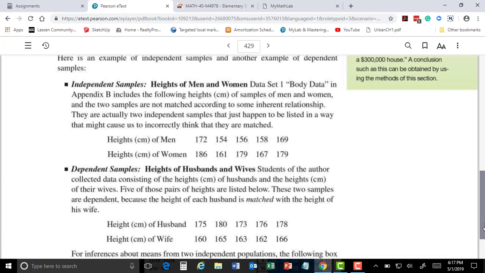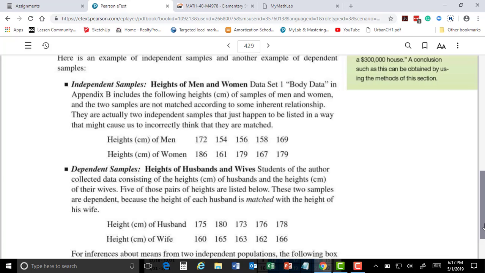They're actually two independent samples that happen to be listed in a way that might cause us to incorrectly think they are matched. So these are two independent groups, and these are the heights in centimeters. This one's pretty tall, 186. Actually, a bunch of short dudes. That's okay.